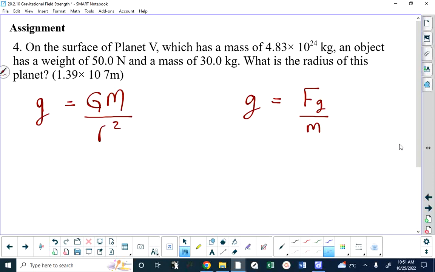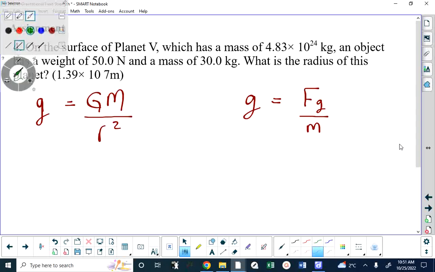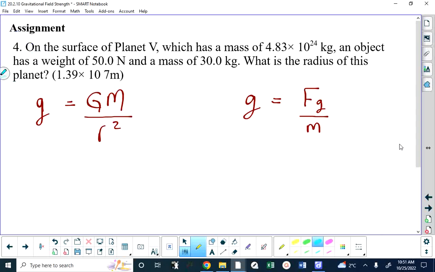But in the second formula I've written, m is the test mass. Well, this entire phrase is talking about the test object put in the gravitational field of this planet. And the location happens to be on the surface of the planet.